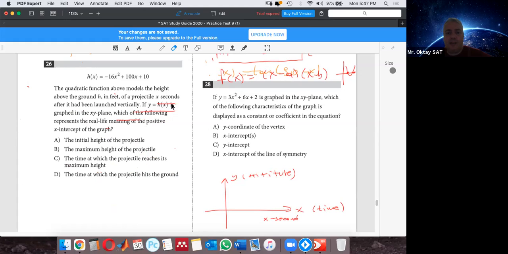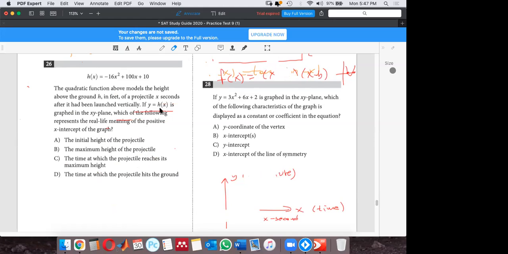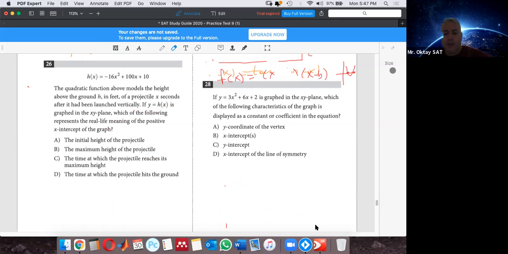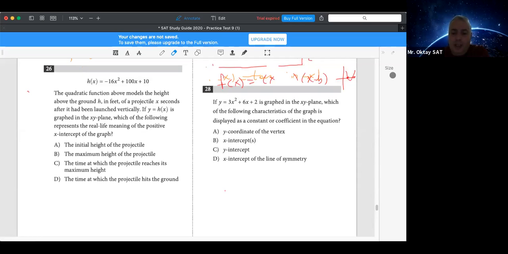I want to get: the quadratic function above models. Which one? C or D? Yeah, I'm thinking about it. Think about it. Sorry, pardon. C or D?